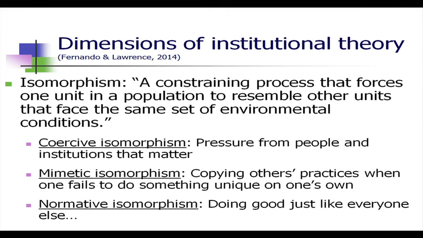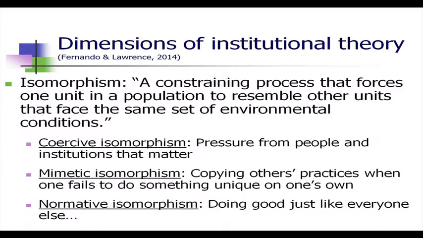So isomorphism is a process that forces organizations to behave the way the other organizations within the same industry or environment are behaving. Because they are within the same environmental conditions, they are expected to behave in the same way. Okay, now three types of isomorphism exist.